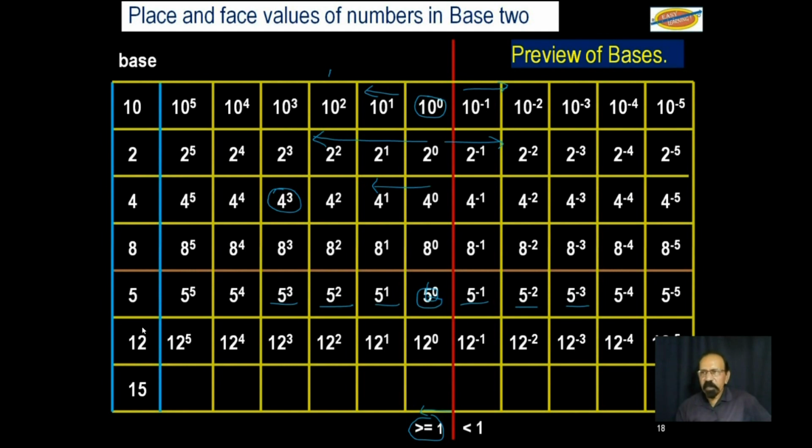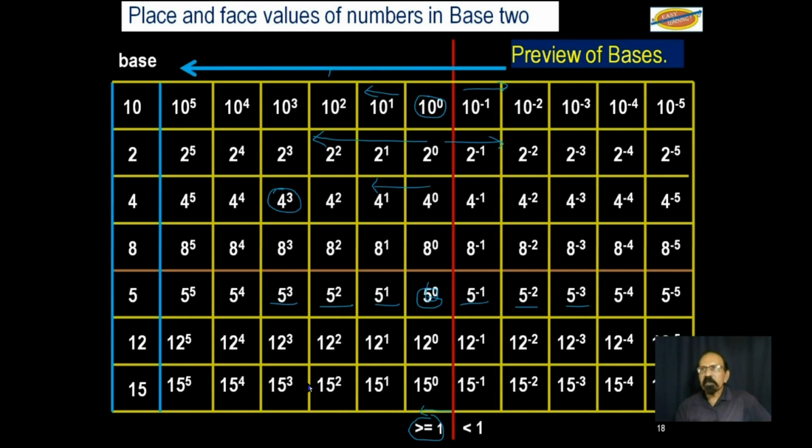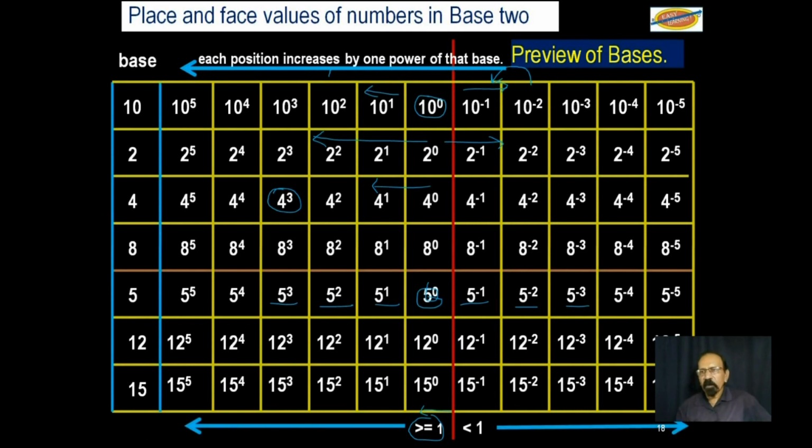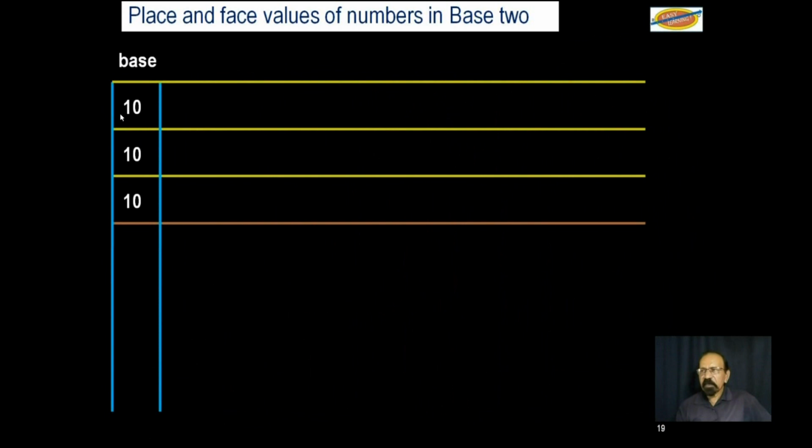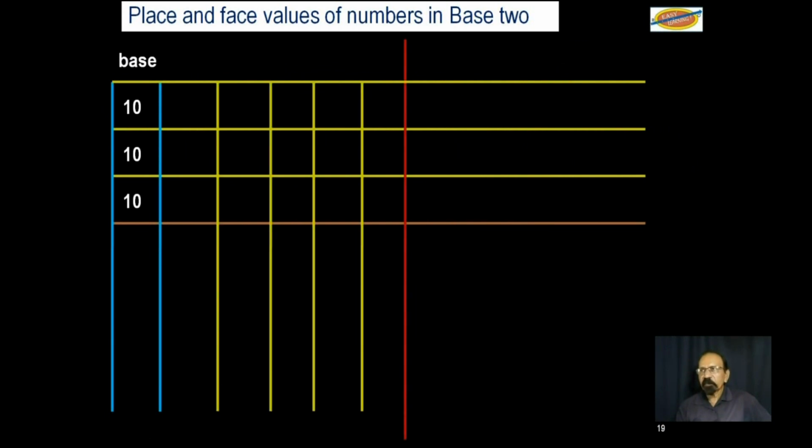Base 12, same pattern. Base 15, same pattern. Notice that if you go from right to left, each one increases by a power of that base. So let's just look at base 10 again.